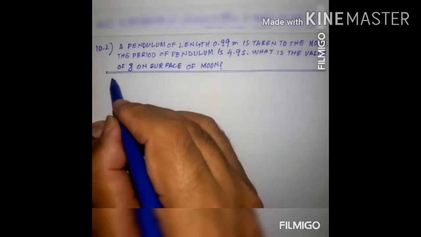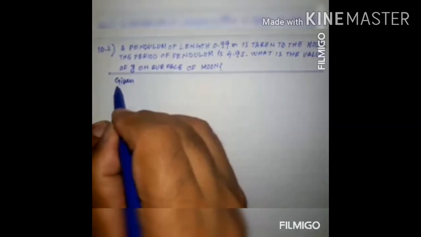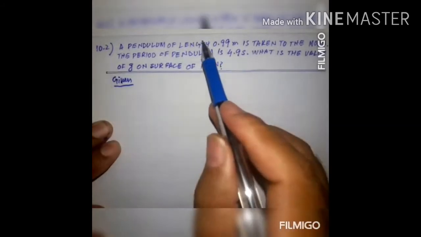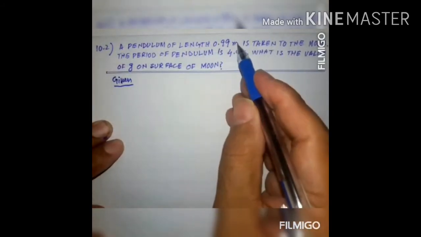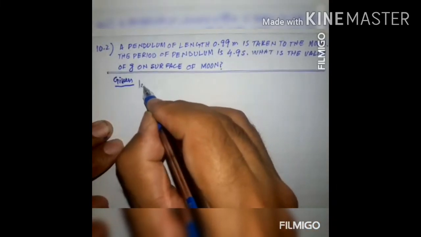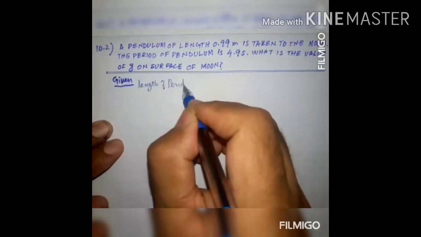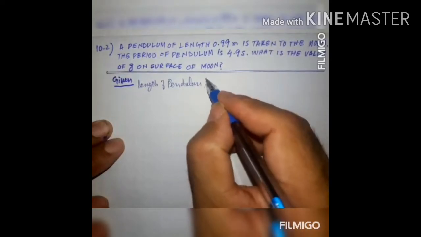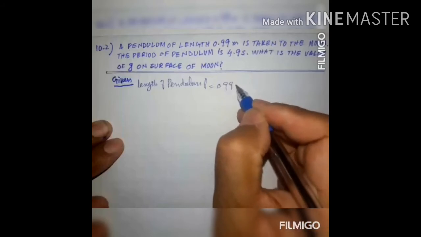The given data in this case is the length of the pendulum, which is 0.99 meter. Length of pendulum L is equal to 0.99 meter.